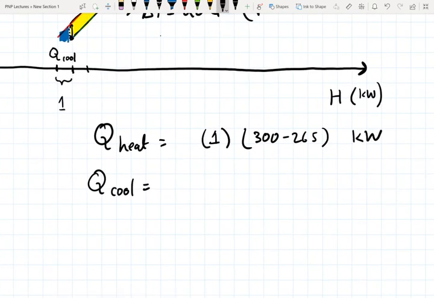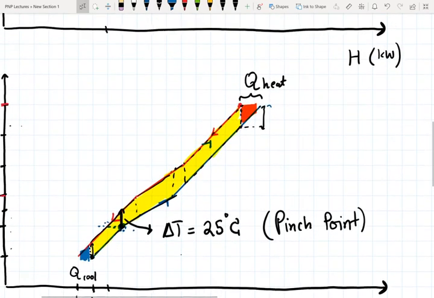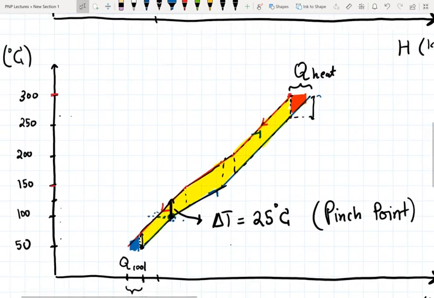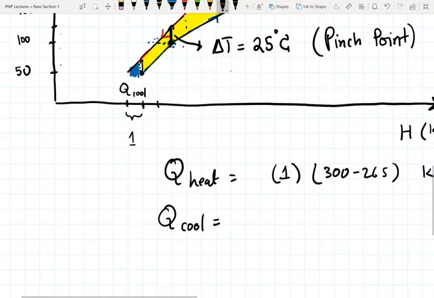So that's your minimum heating requirement for this heat exchange network. And the cooling requirement is, this needs to go from 75 degrees Celsius to 50 degrees Celsius.